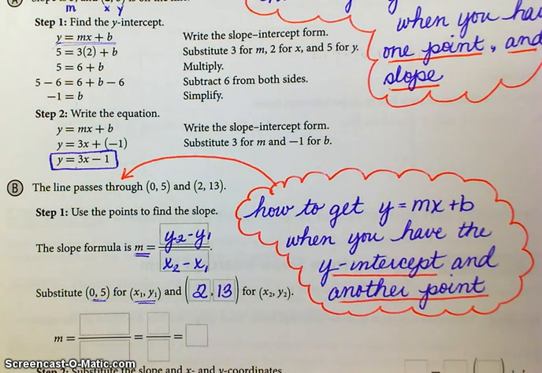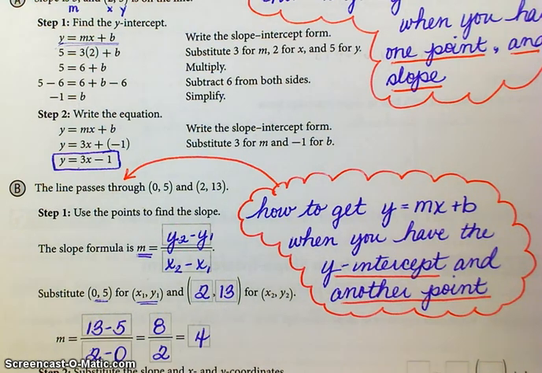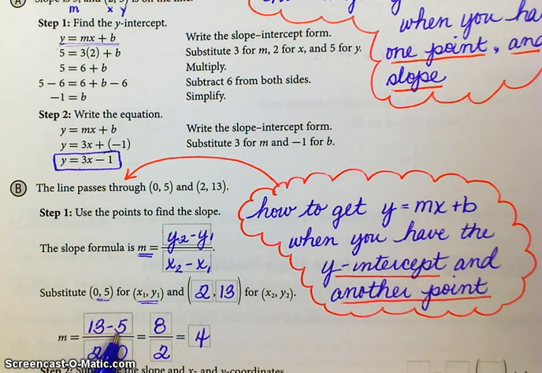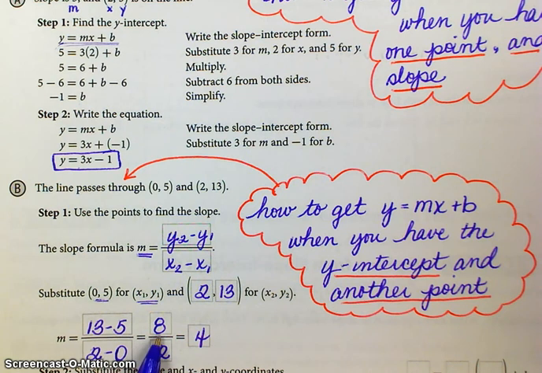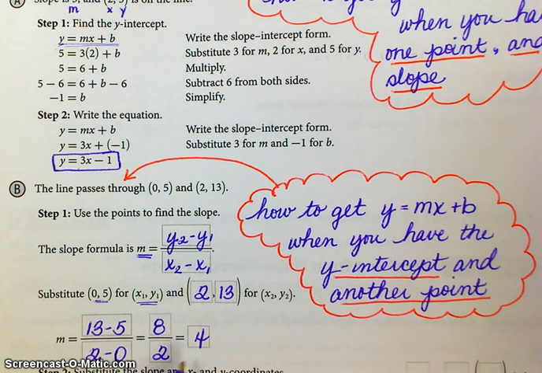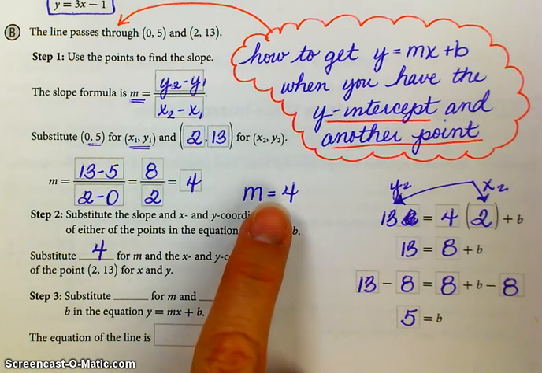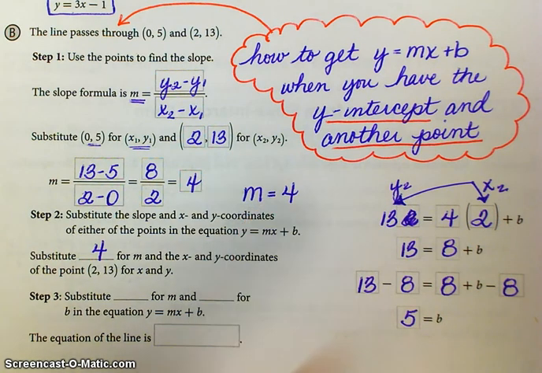So let's plug and chug. y2 minus y1 divided by x2 minus x1, and I get 8 over 2, which is equal to 4. Okay, so we have a slope of 4, and then we need to keep going.